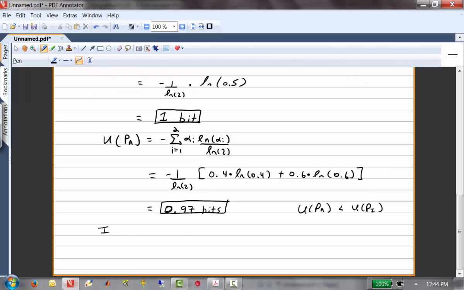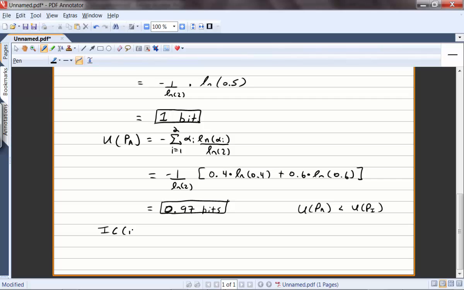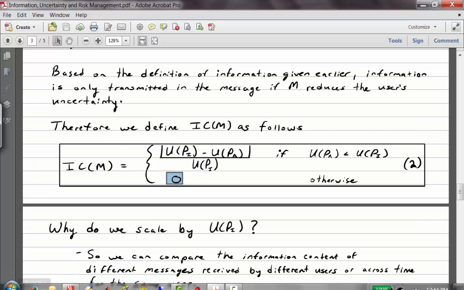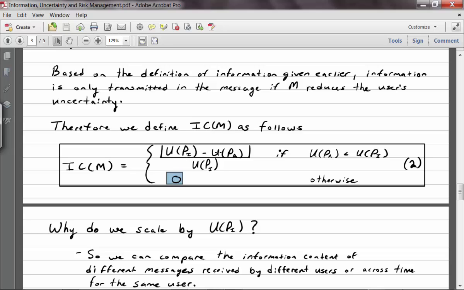So since that's true, then the information content of the message is the absolute value of the decrease divided by the maximum amount it could have decreased by, right? And the most uncertainty could decrease by as a result of getting a message is just whatever the initial uncertainty you started with.